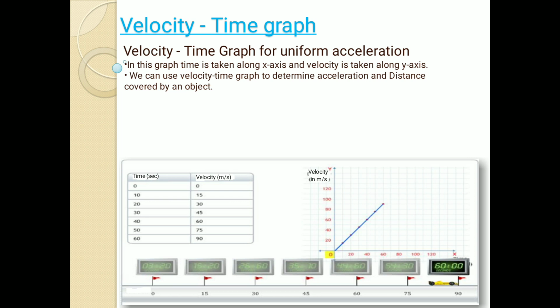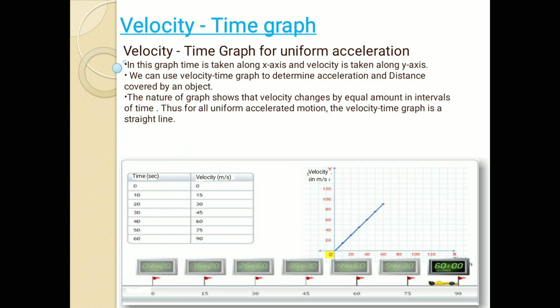We can use the velocity time graph to determine the acceleration and distance covered by an object. Is it right? So by using the velocity time graph, we can measure the acceleration of an object and the distance covered by an object. I will explain how to measure the distance covered by an object. Okay, so acceleration and distance we can measure.